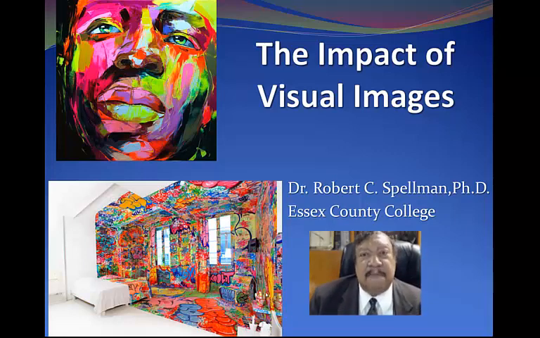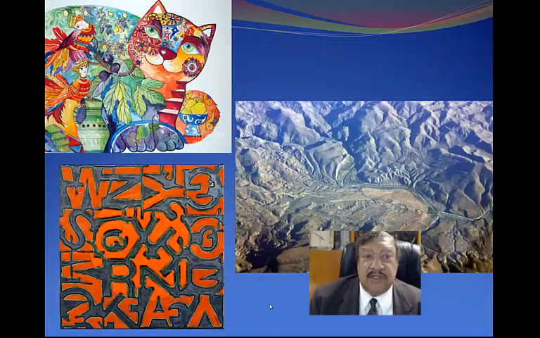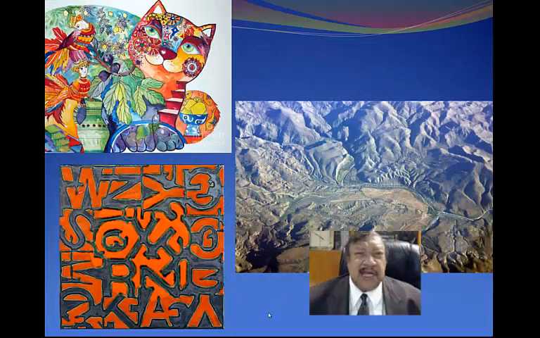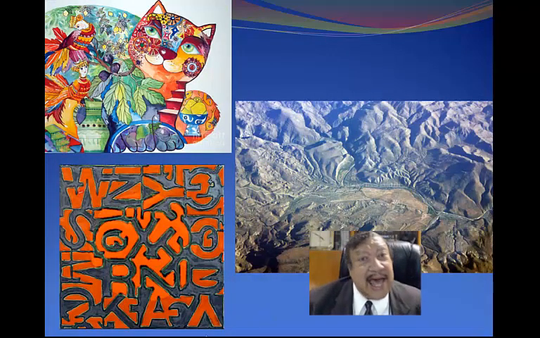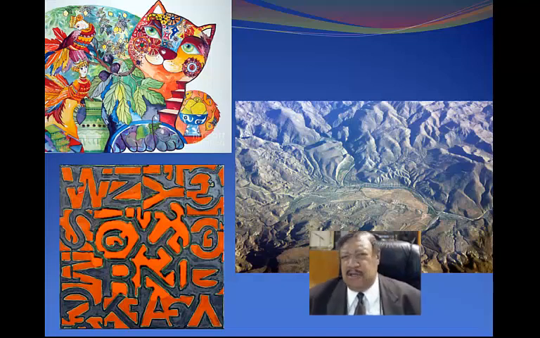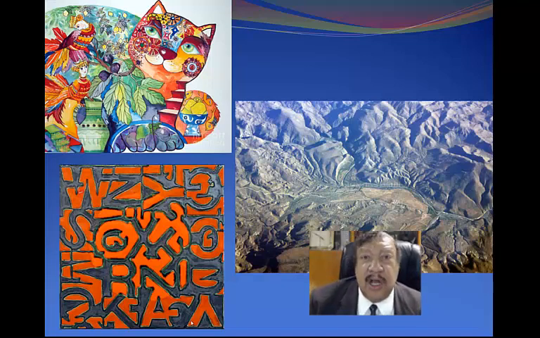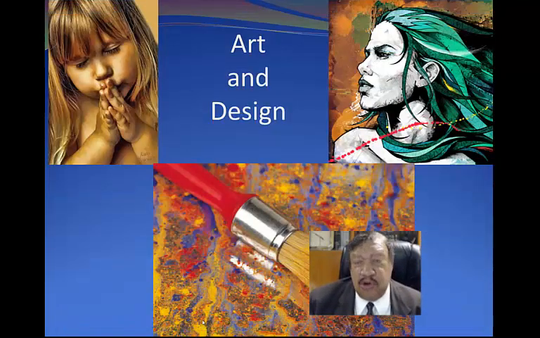But that is the power of the artist, and in this case, the director, decorator, who is also an artist. The artist can make and create a cat with multicolors, abstraction, can take letters and chop them up and move them from one place to another, and even take the earth and manipulate the earth into a piece of sculpture. We call it earth art, and we'll talk about that as we move through.